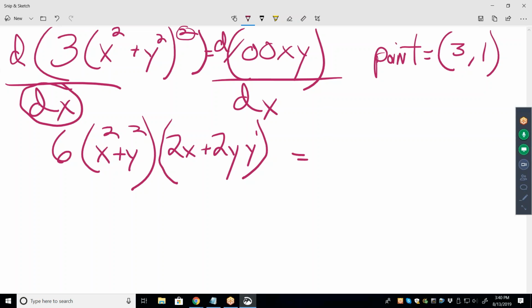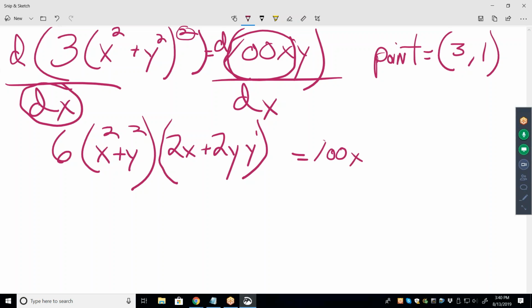Now, what's the derivative of the right side? All right, so that is 100. Actually, that's u right there. So if you're starting with u times v prime, then u is 100x.